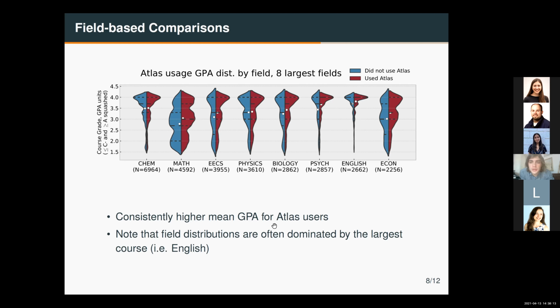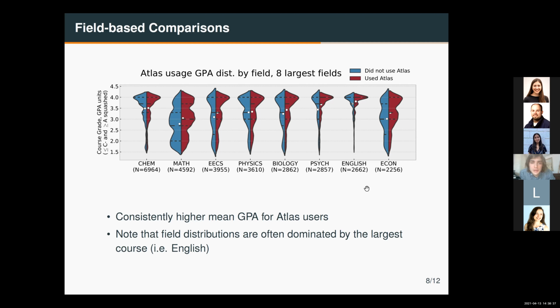It's also important to note that, especially for something like English, field distributions are in some cases completely dominated by the largest course in that field. Stats is not on here, but that would be another one where Stats 250 dominates. In general, you see a higher mean GPA, and the median is binned by the GPA, so it's often the same.